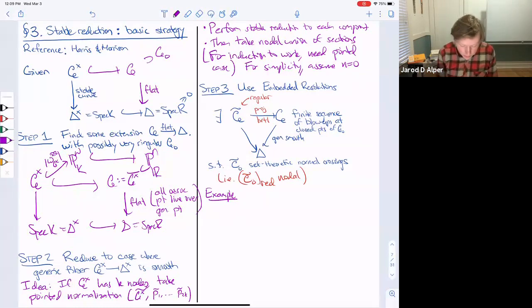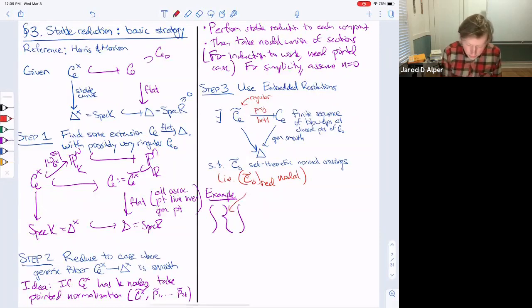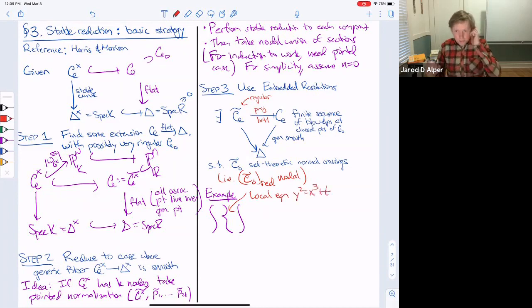In fact, we're going to take the example of a smooth curve degenerating to a cusp, where, let's say, the local equation looks like y squared equals x cubed plus t. And so this is a family of curves over a curve.